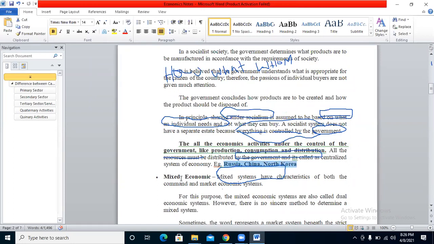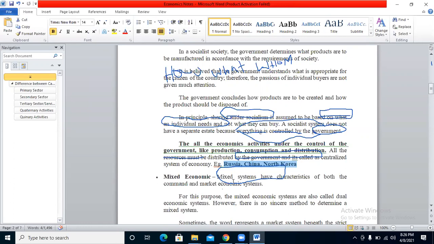Okay, now the third type of economy is the mixed economy. The mixed economy has the characteristics of both economies, the capitalist economy as well as the socialist economy.